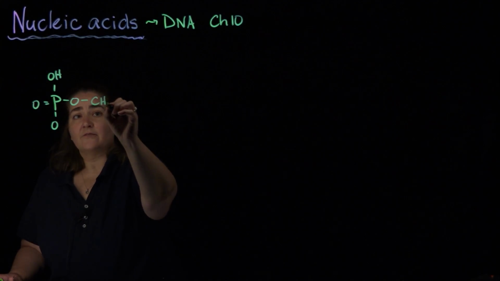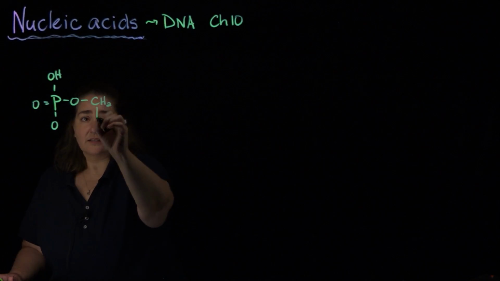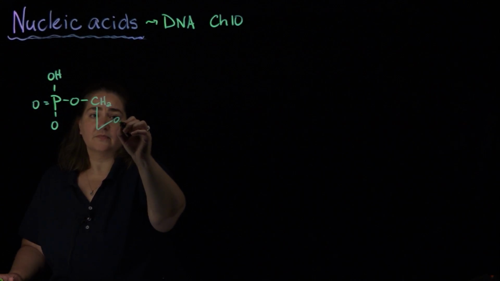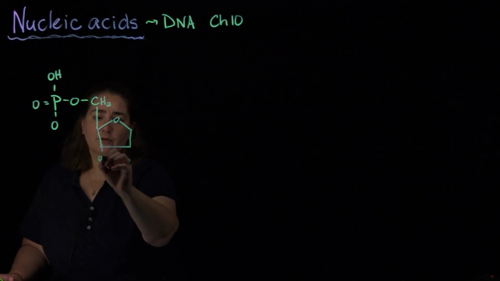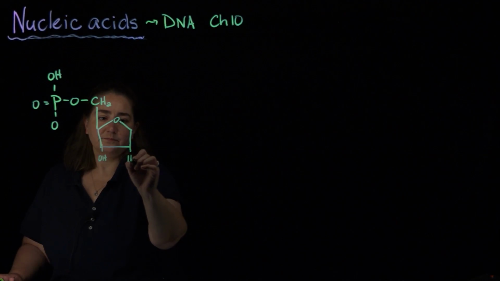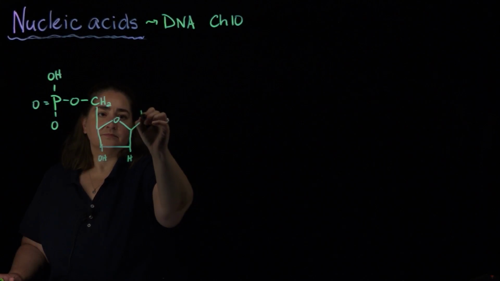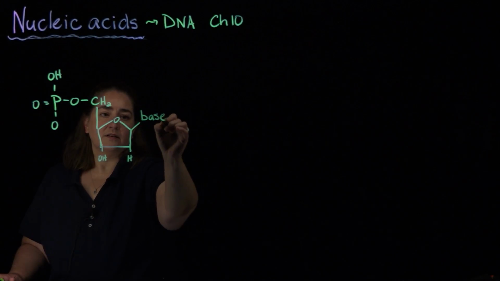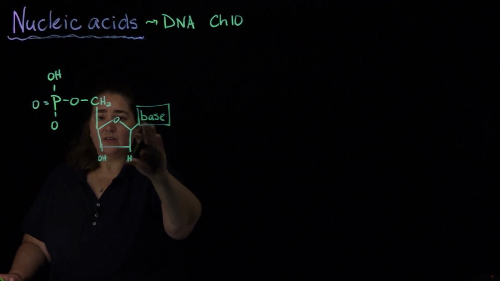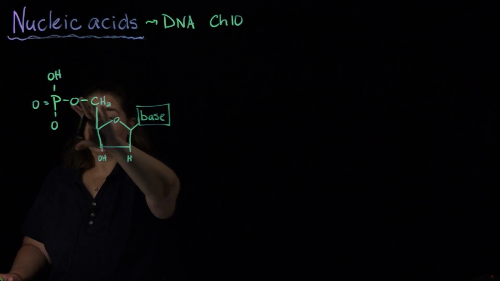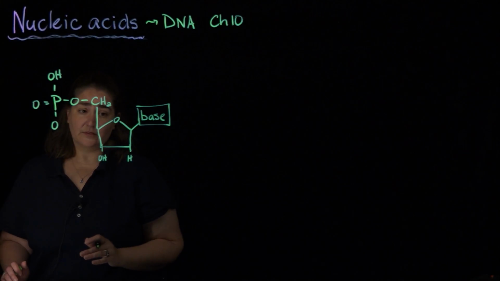But what makes up that nucleotide are three components, and I'm going to remind you of those three components now. So we've got a nitrogenous base, we've got a sugar, and we've got a phosphate group, okay?